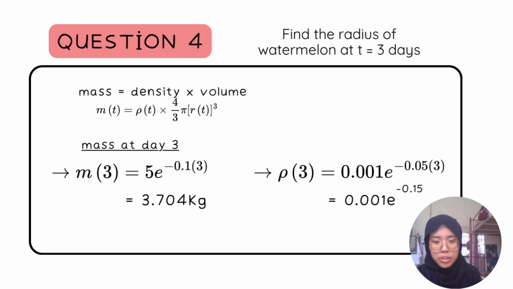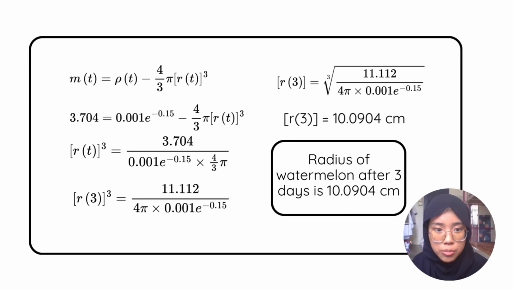Next, for the density, we substitute into the equation 0.001e^(-0.05 × 3). So we got the density is 0.001e^(-0.15). After we got the value of mass and density after 3 days, we substitute them into the formula of mass.